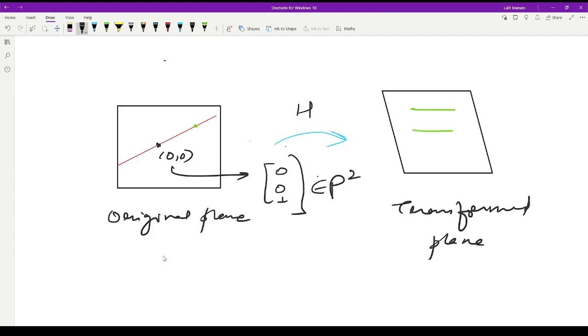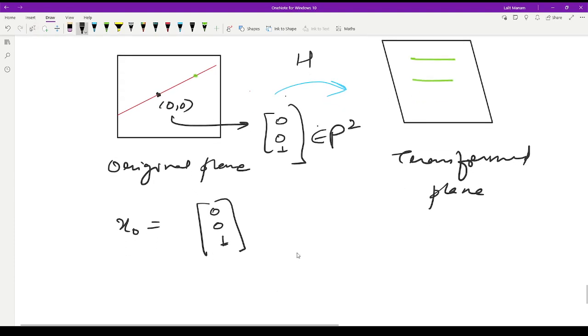So given this, our origin in the original space is given like this, and we now try to transform it. Once we transform it, what will it look like? Hx naught, right? That's a simple equation.